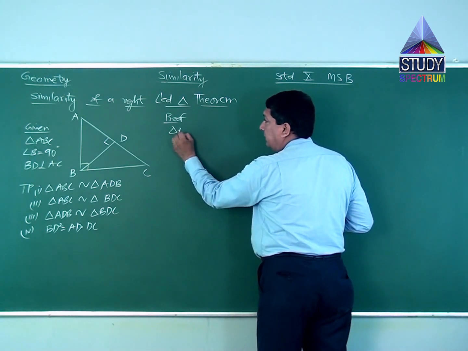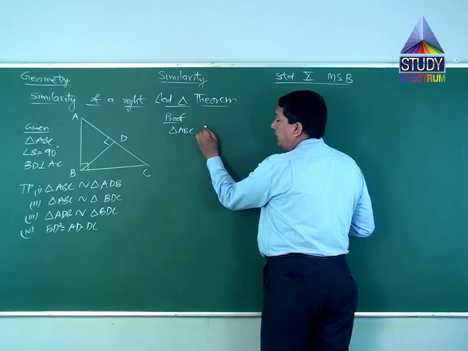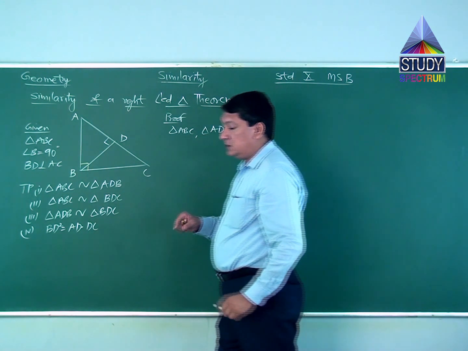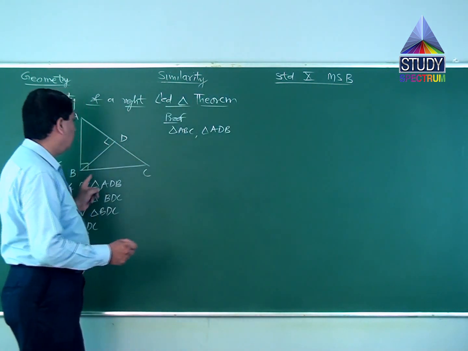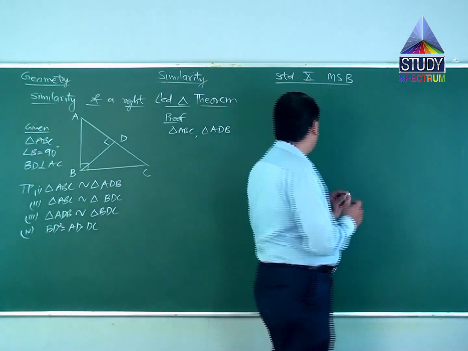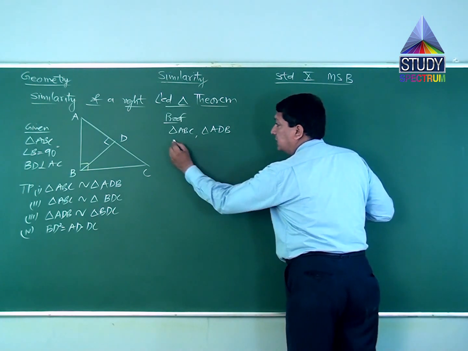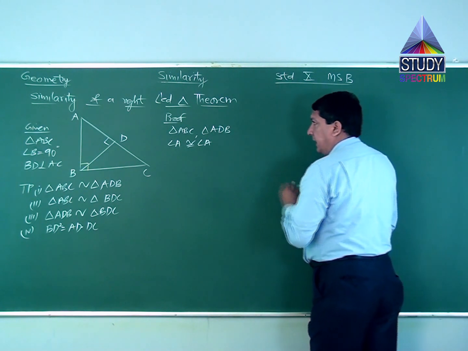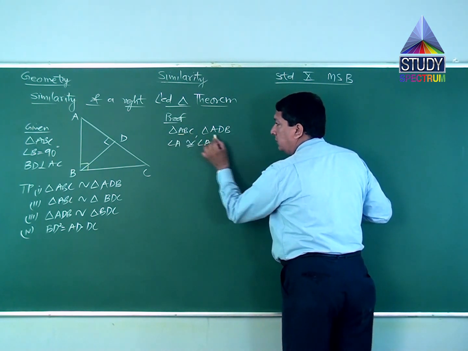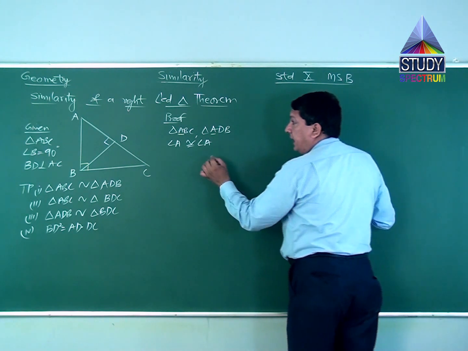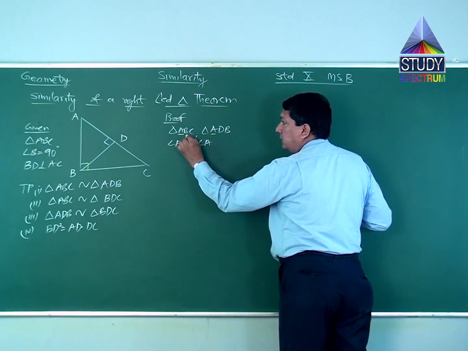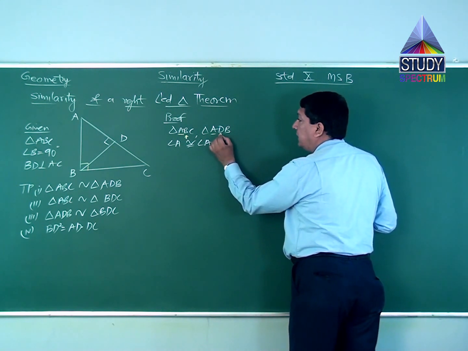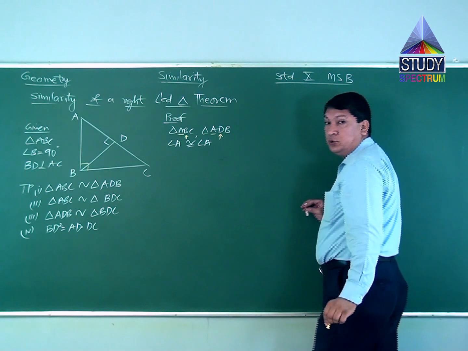Triangle ABC, triangle ADB. I am taking these two triangles, triangle ABC and triangle ADB. Now in these two triangles, angle A is common, very easy to make out. Angle B of triangle ABC is equal to angle D of triangle ADB. That also you can make out. Why?